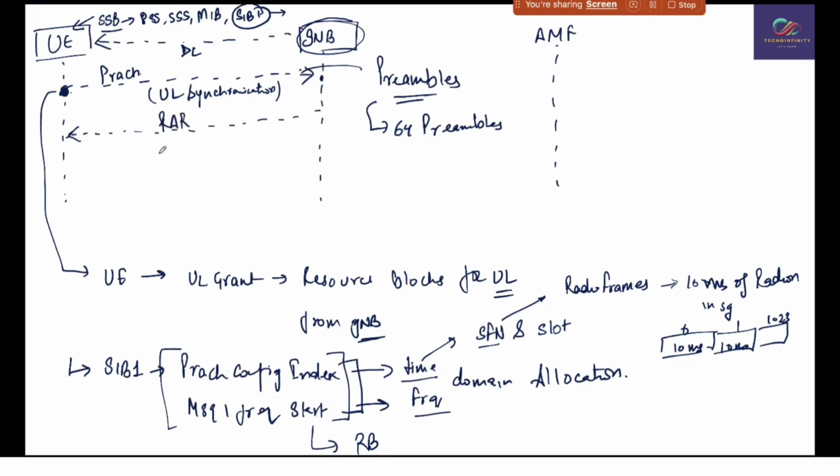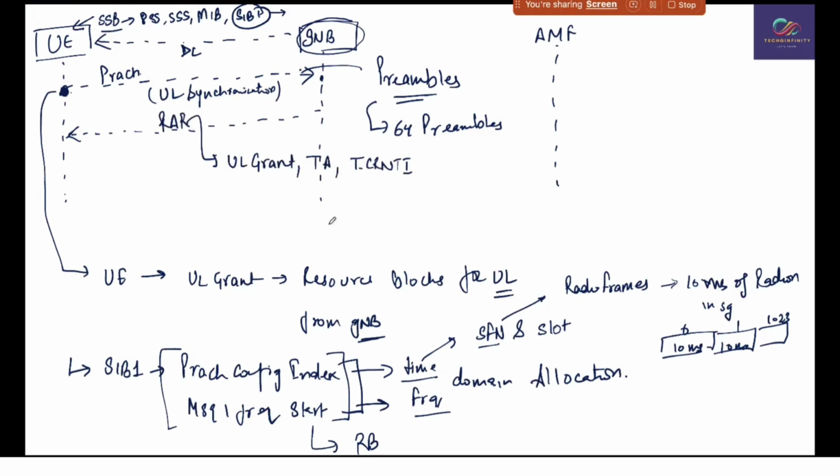And that random access response includes what? It includes the uplink grant, the timing advance, and the temporary CRNTI. What is CRNTI? That is the cell radio network temporary identifier itself.